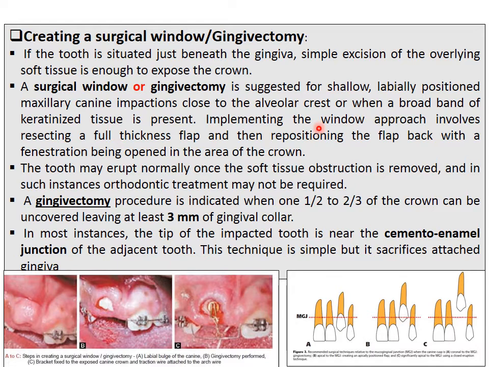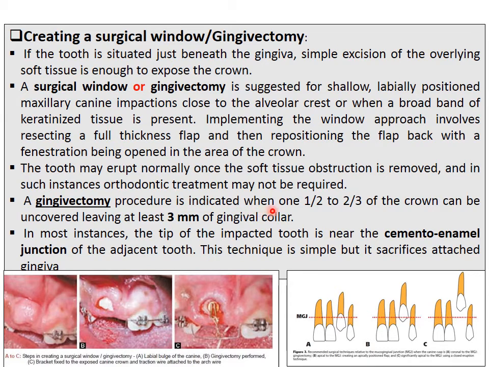The gingivectomy procedure is indicated when half or two-thirds of the crown can be uncovered, leaving at least 3 mm of gingival collar. So when I can remove the keratinized tissue over the crown and still leave about 3 mm of gingival collar, then I can do a gingivectomy. But when the tooth is at a level where I cannot achieve this, I cannot do a gingivectomy, so I go back to closed eruption. In most instances, the tip of the impacted tooth is near the cemento-enamel junction of the adjacent tooth.